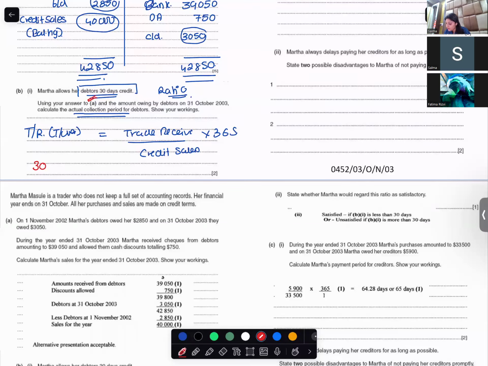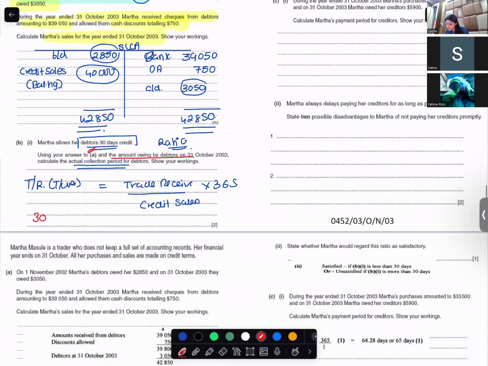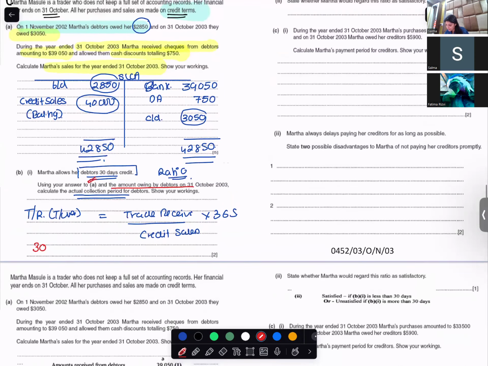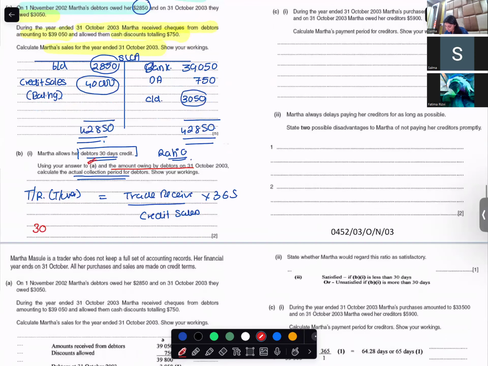They want to know the amount owing by debtors on 31st of October 2003, so 3050. Calculate the actual collection period. Closing trade receivable was 3050, credit sales is 40,000, times 365.